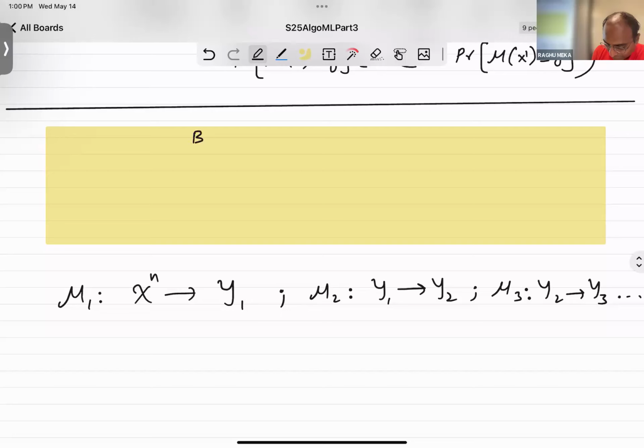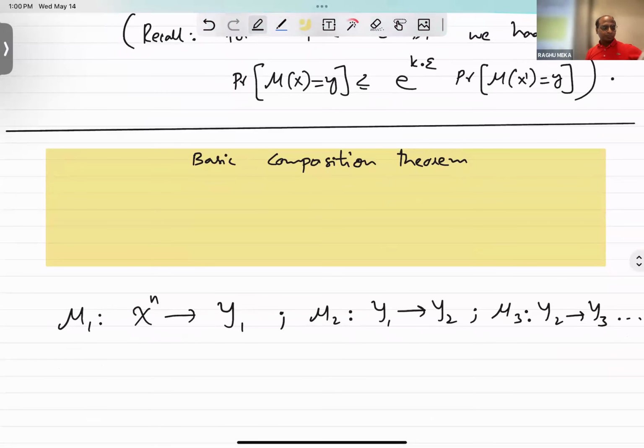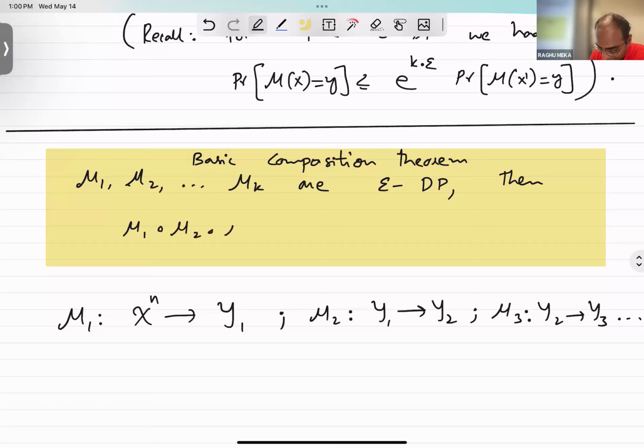And the basic composition theorem, just as we had this here, is if M1, M2, so on up to Mk are epsilon differentially private, then their composition, if I sequence them one after the other, will be k times epsilon differentially private.